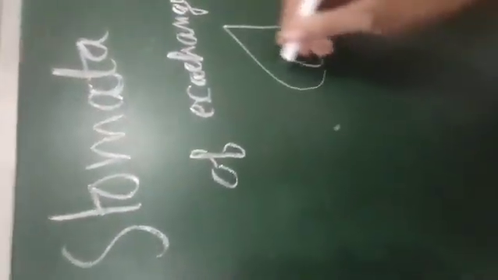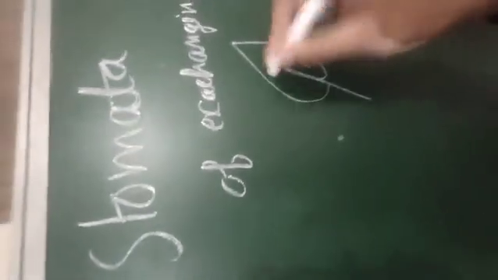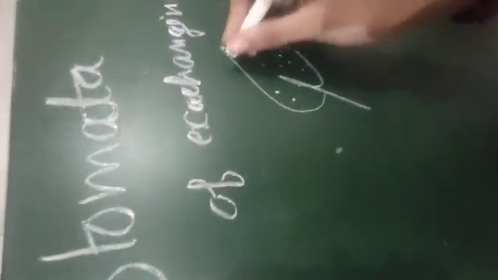Their function is the exchanging of gases. So stomata are the tiny pores present on the surface of the leaf for exchanging of gases.